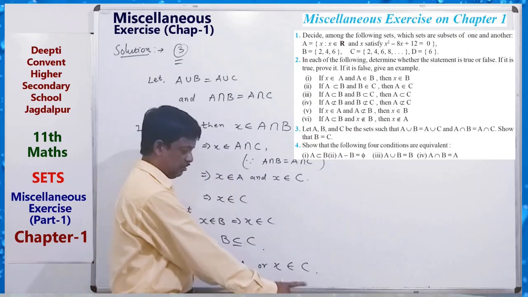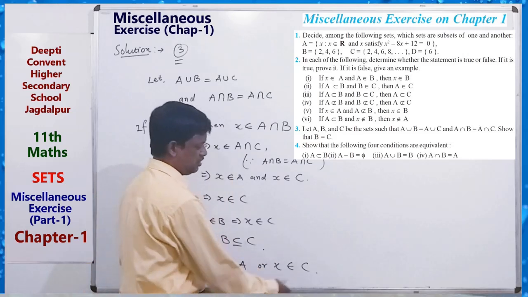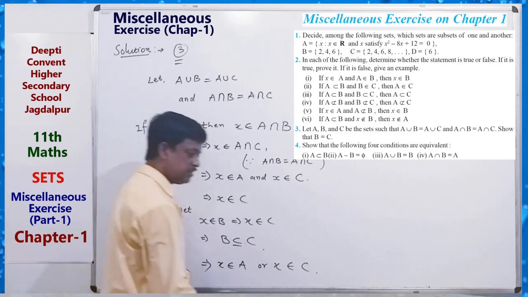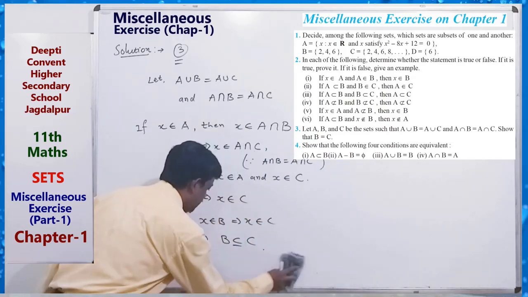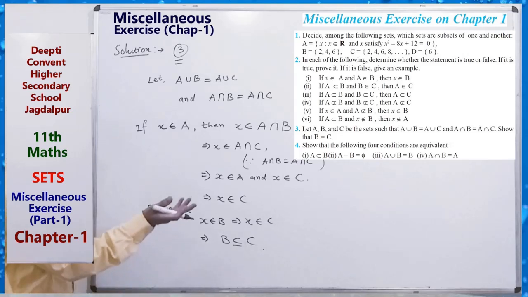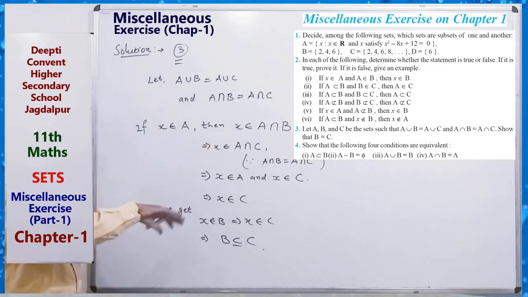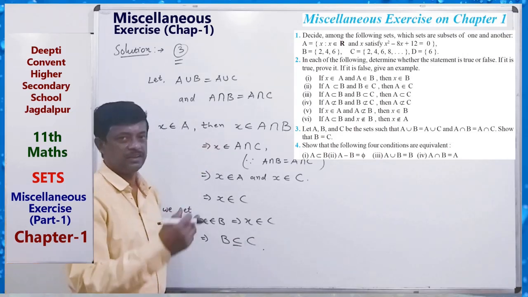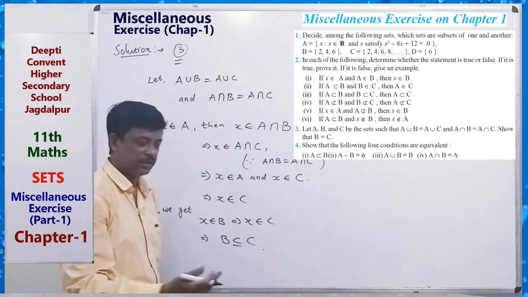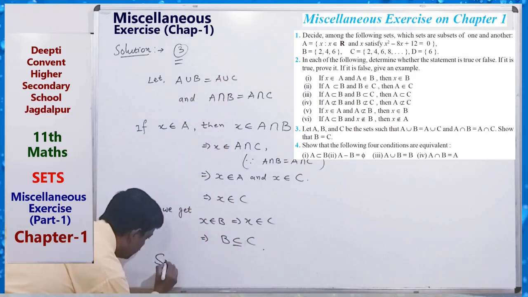And in the second case, if we take X belongs to C, then directly we get X belongs to C. So this is the main case. Similarly, we can get the other relation, C subset B, by using these two conditions, from here to here.